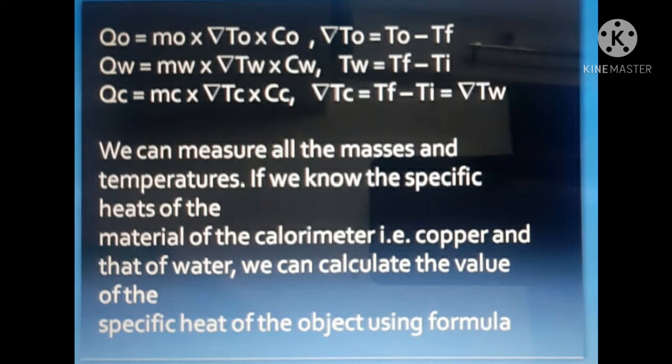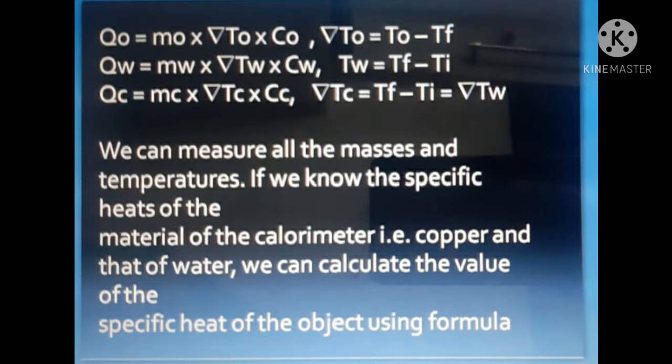Qo equals Mo multiplied by delta To multiplied by Co. And here students, delta To equals To minus Tf, which means the temperature of the object minus the final temperature. In the same way, we can write Qc, that is Qc equals Mc multiplied by delta Tc multiplied by Cc, and delta Tc equals Tf minus Ti, that is final temperature minus initial temperature. And students, last but not the least, we can also write the heat Qw, that is of water.